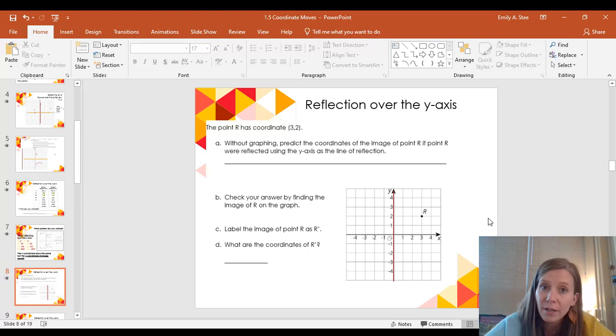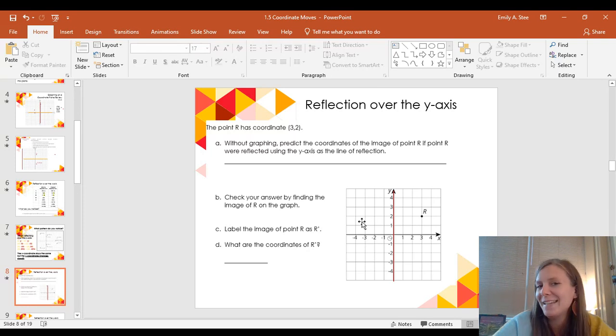Now, let's check our answer from actually doing the reflection. If we are reflecting here, I see R is there. It's 3 points away from the axis. Knowing our rules of reflection, how many points should it be away from the axis on the left side? Go ahead and work now on labeling the image as R prime and telling me where it should be.